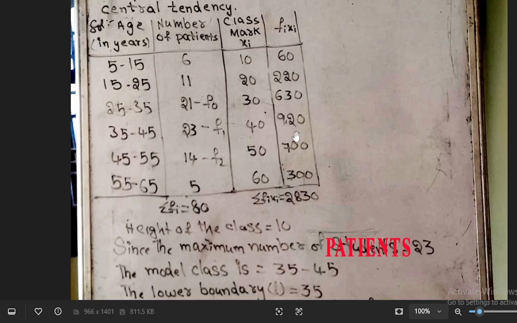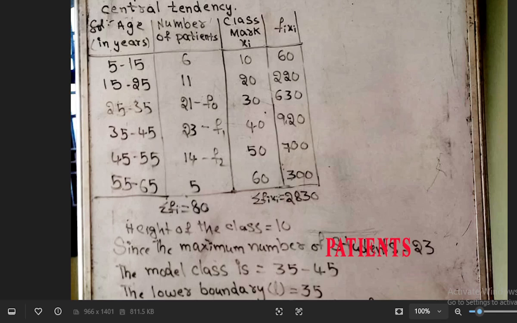After finding the product of class mark and frequency, we have to find the sum of all the Fi Xi. Here sigma Fi Xi is equal to 2830. Similarly, we find the sum of all the frequencies, sigma Fi is equal to 80.